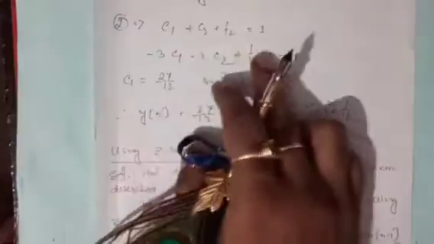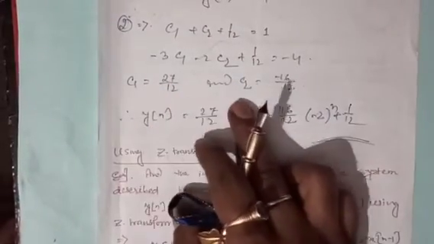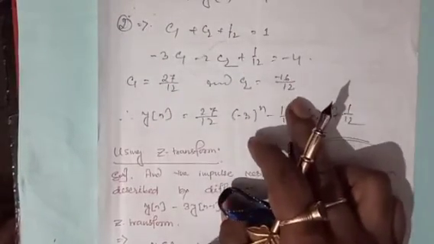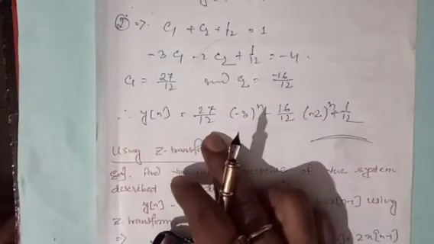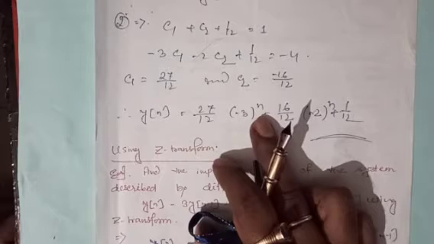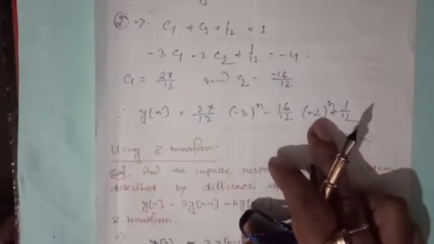Now simply solve these two equations. You will get C1 equal to 27 by 12 and C2 equal to minus 16 by 12. Therefore finally y of n will be 27 by 12 times minus 3 to the power n, minus 16 by 12 times minus 2 to the power n, plus 1 by 12.